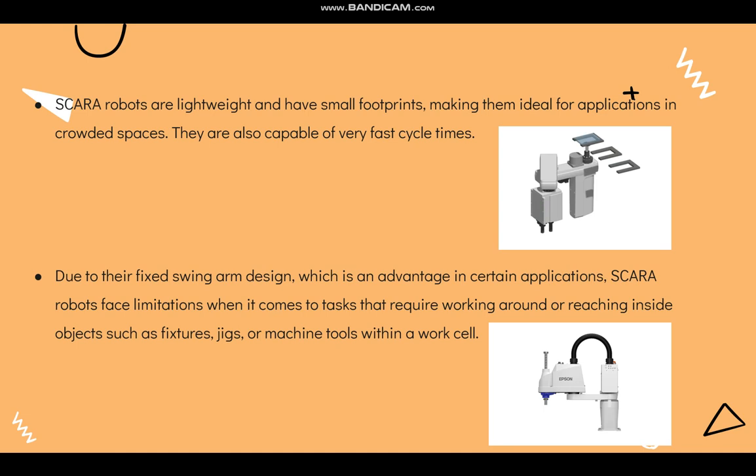Due to their fixed swing arm design, which is an advantage in certain applications, SCARA robots face a limitation when it comes to tasks that require working around or reaching inside objects, such as fixtures, jigs, or machine tools within a work cell.